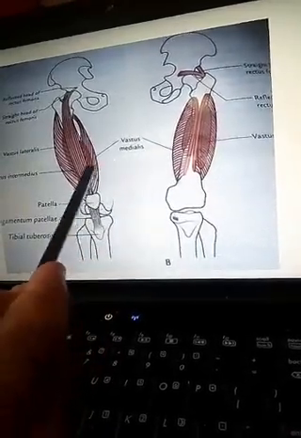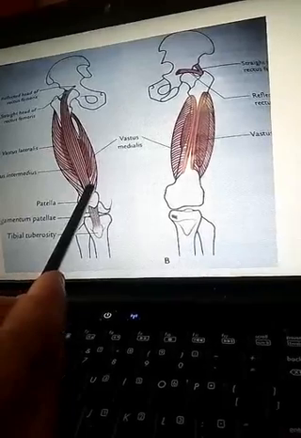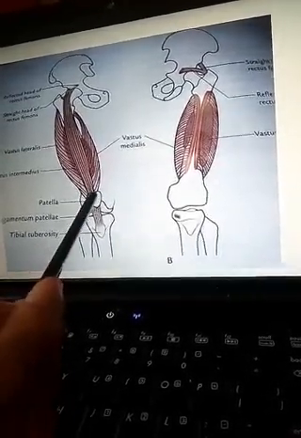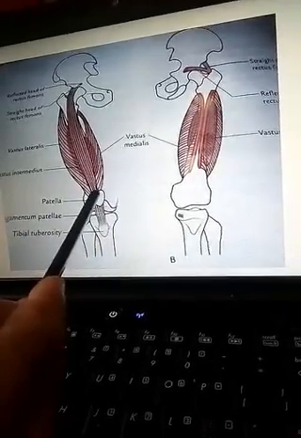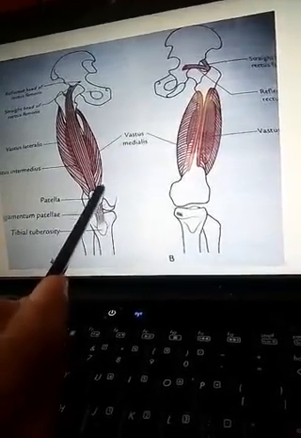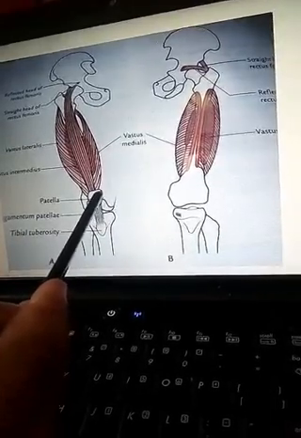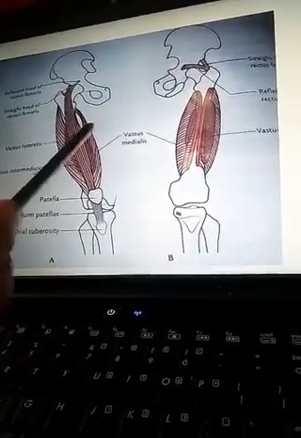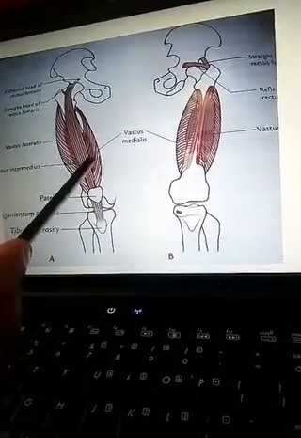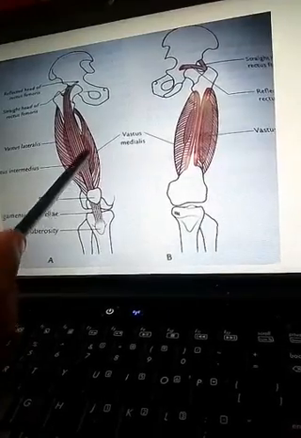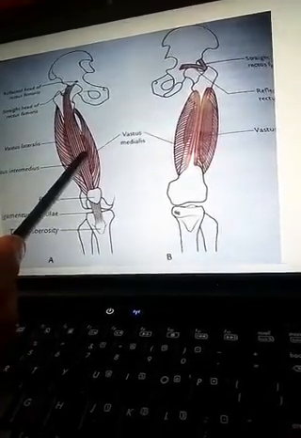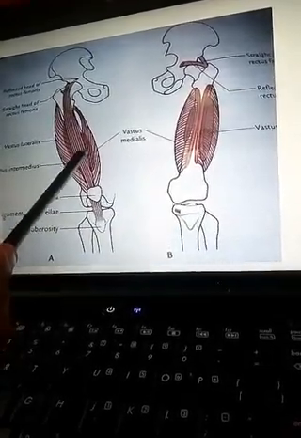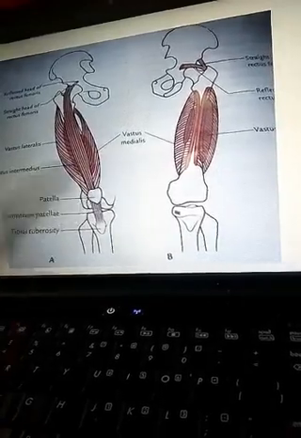It is inserted by a broad aponeurosis into the tendon of the rectus femoris, medial part of the base of the patella, and upper two-thirds of the medial border of the patella. It is supplied by the nerve to the vastus medialis, which is the thickest muscular branch, also from the posterior division of the femoral nerve. It extends the knee joint.